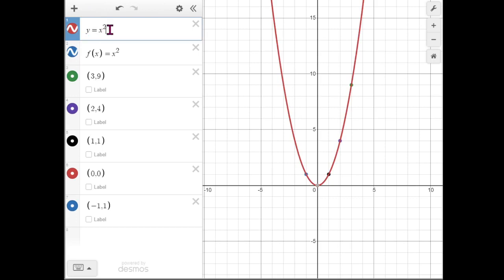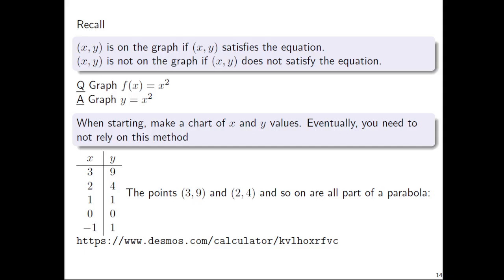So one's technically the graph of an equation, one's technically the graph of a function, but it happens to be the same graph. And you have, for instance, the point 3, 9 and the point 2, 4 shown here in purple, and the point 1, 1 shown in black, and the point 0, 0 shown in red, and the point negative 1, 1 shown in blue here. So all these points, and many, many more, are all points that are on the graph of this function.